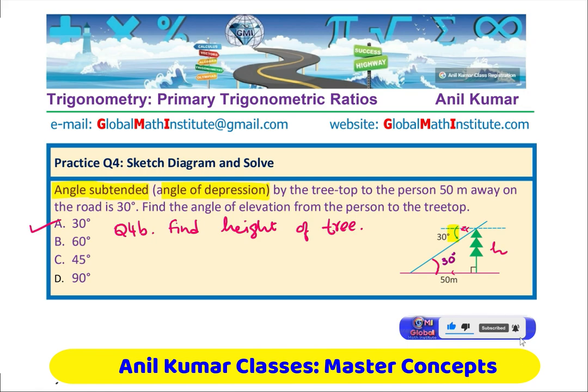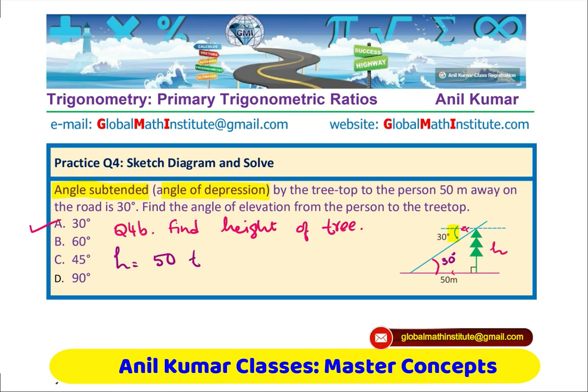So what should be the height? 50 times tan of 30 degrees, right? You get the idea, right? So you get your answer. So remember one thing, that subtended angle, the angle of depression and elevation are the same in real life situations, right?